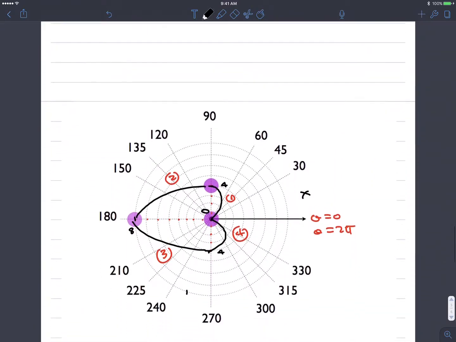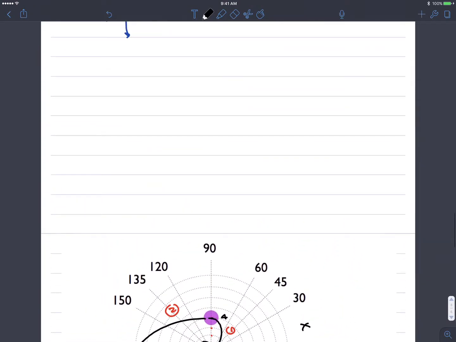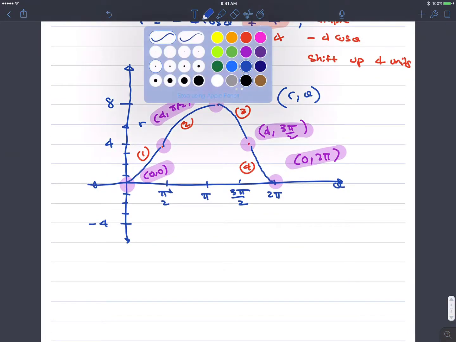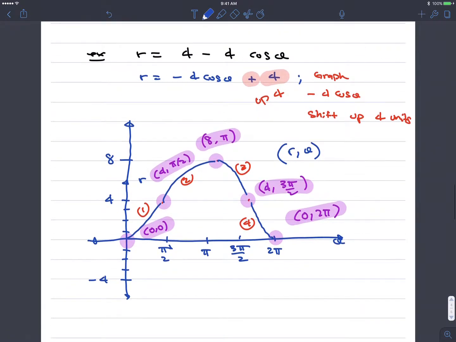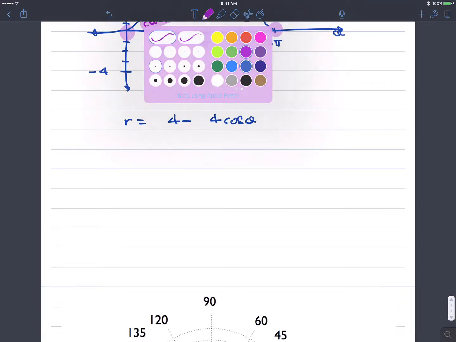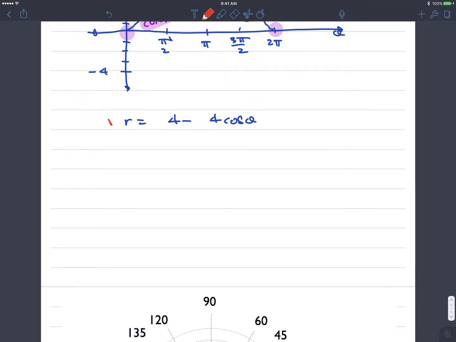Should we look at the Cartesian coordinate version of this? Should we derive the equation algebraically? Okay, you guys like that, huh? What is this? r is 4 minus 4 cosine theta. So what you would do is multiply both sides by r.